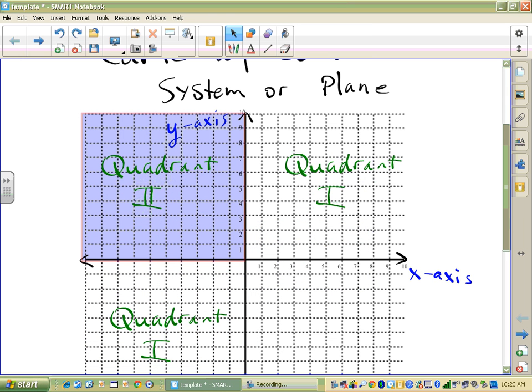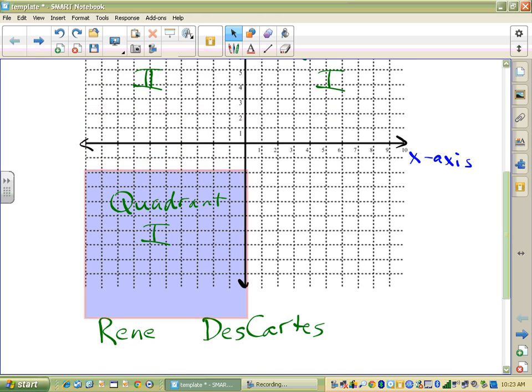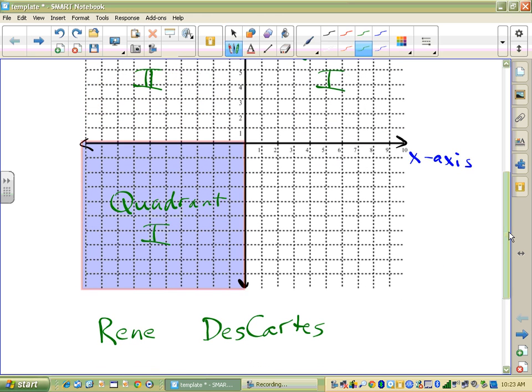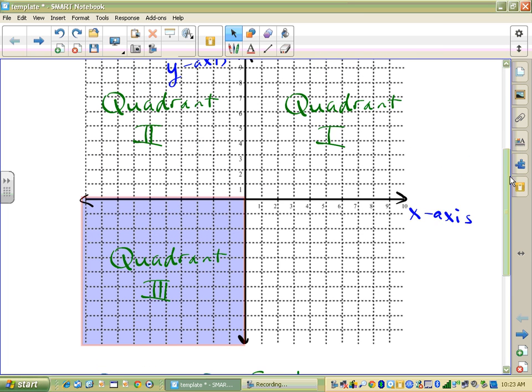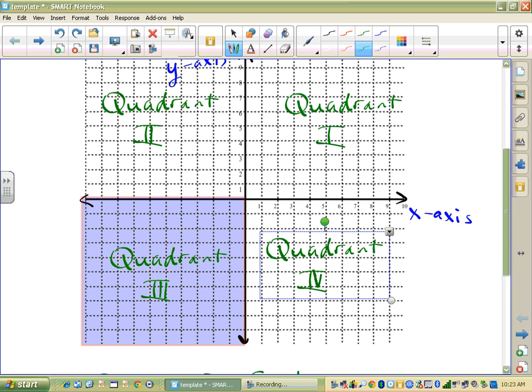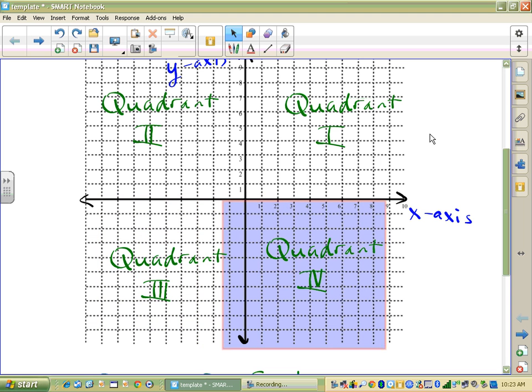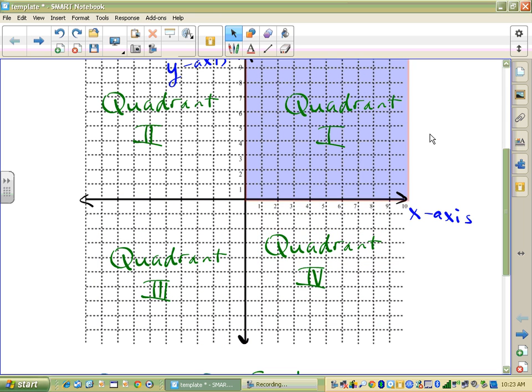Down here isn't Quadrant 1 anymore, it's Quadrant 3. And then finally the bottom right zone is called Quadrant 4. And again, they use Roman numerals here. Quadrants 1, 2, 3, and 4.